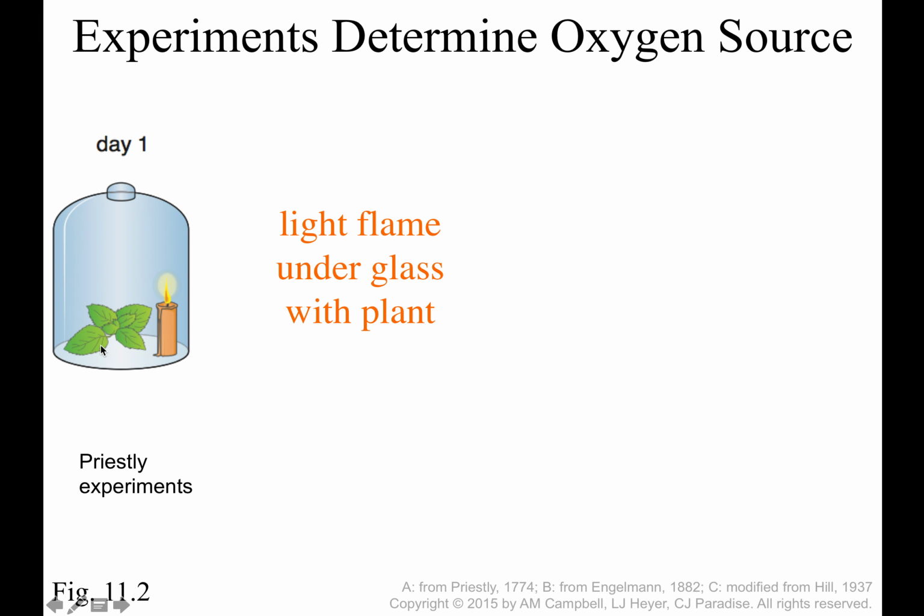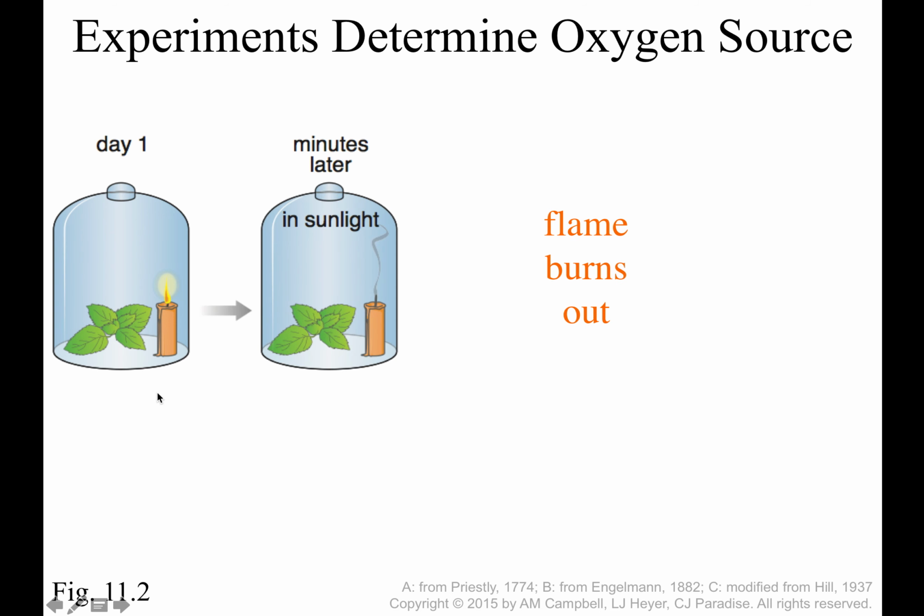He took some mint leaves from his garden and a candle, and would light the flame using a magnifying glass so that he could not contaminate the atmosphere in there. The candle would burn if there was a mint leaf in there, but something about the flame would change the atmosphere so that it could no longer burn.